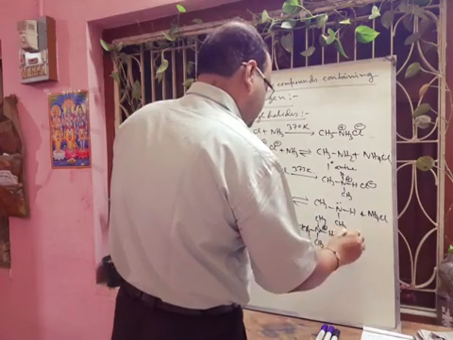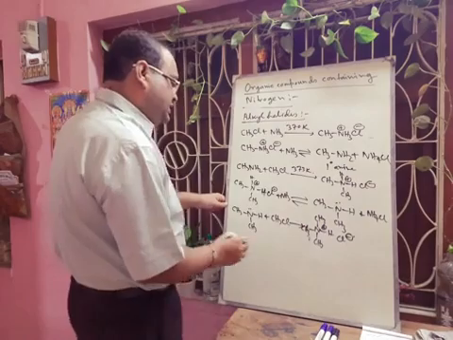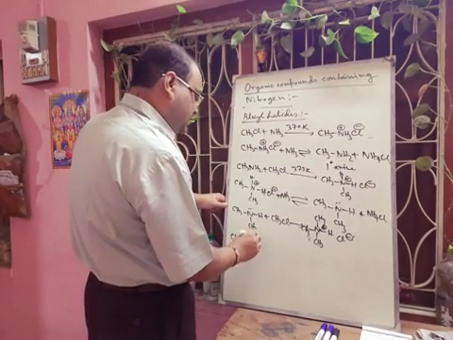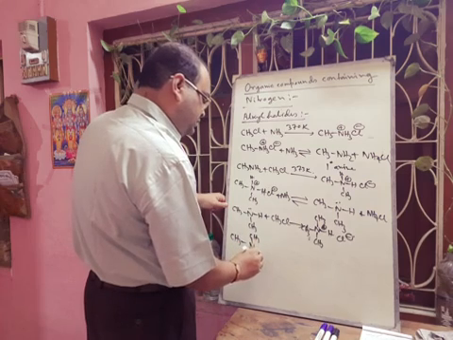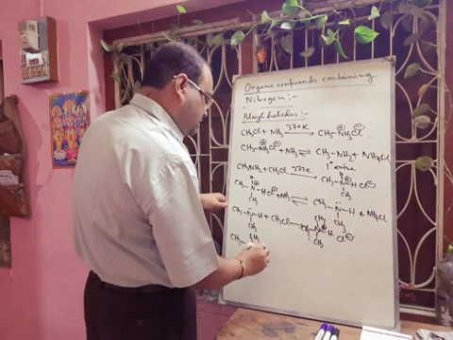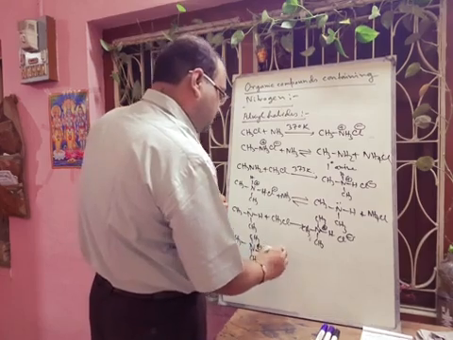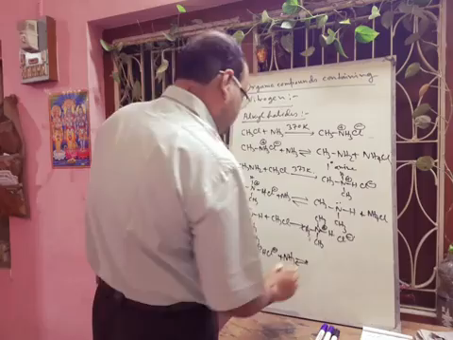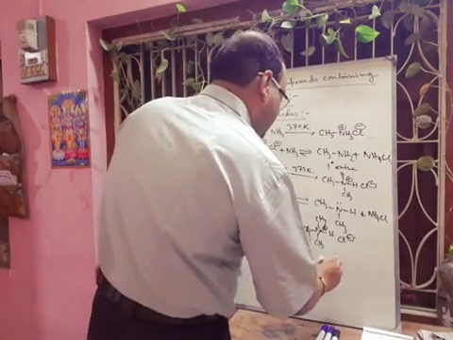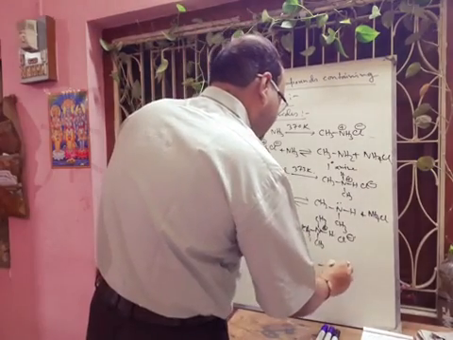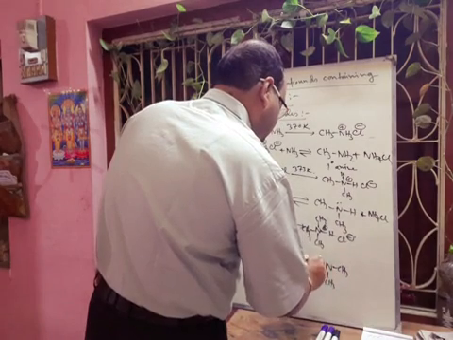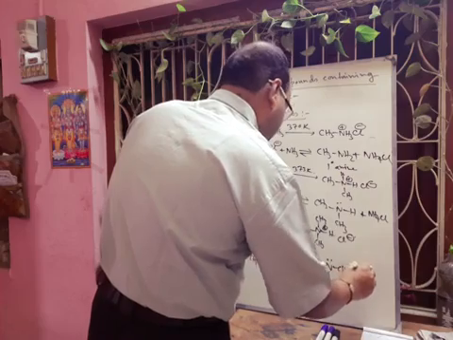And in the next step, this (CH3)3NH plus Cl minus reacts with ammonia, and this reversible reaction will form the tertiary amine, plus NH4Cl.